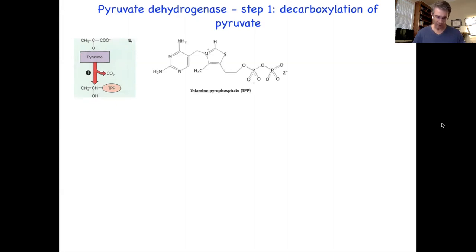So if you'll recall, this cofactor, TPP, thiamine pyrophosphate, is this really interesting molecule, this pyrimidine-like ring attached to this thiazolium ring. And then, of course, a couple of phosphate groups over here. But the business end of this molecule, if you remember, is that methine carbon right there and that proton, right?